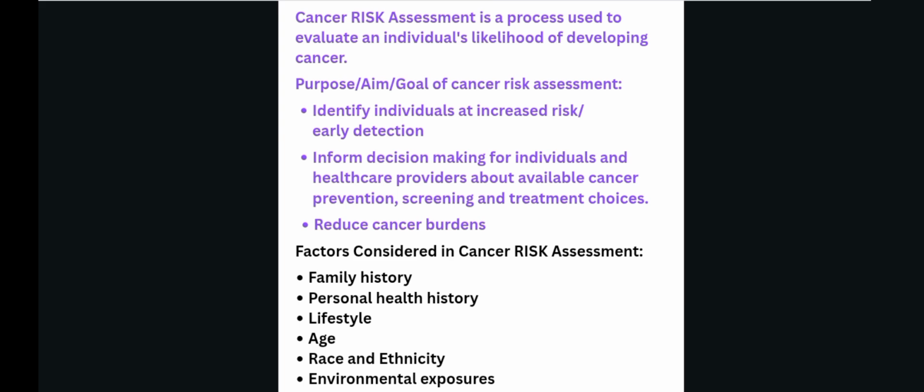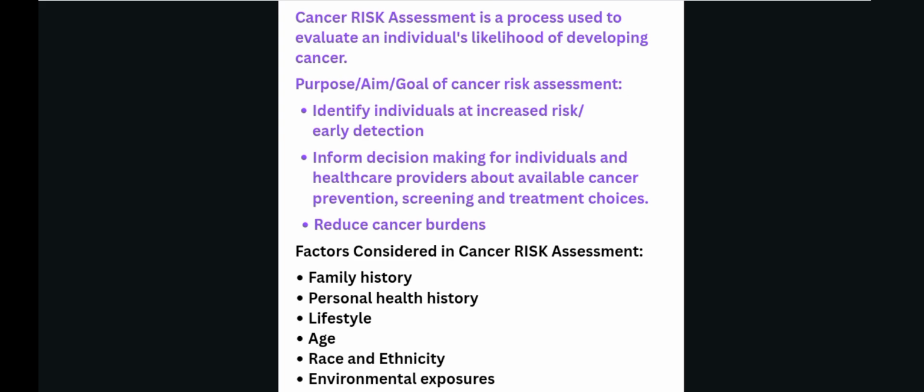Then look at the individual lifestyle. Are they smokers? The type of diet they take, the physical activity, all these things contribute to affect the level of risk to cancer.